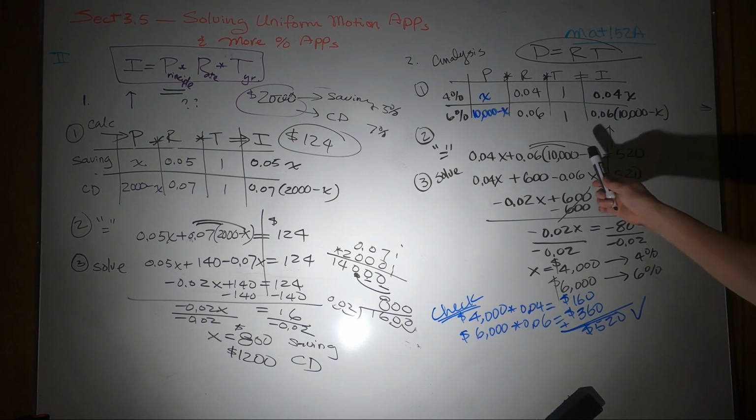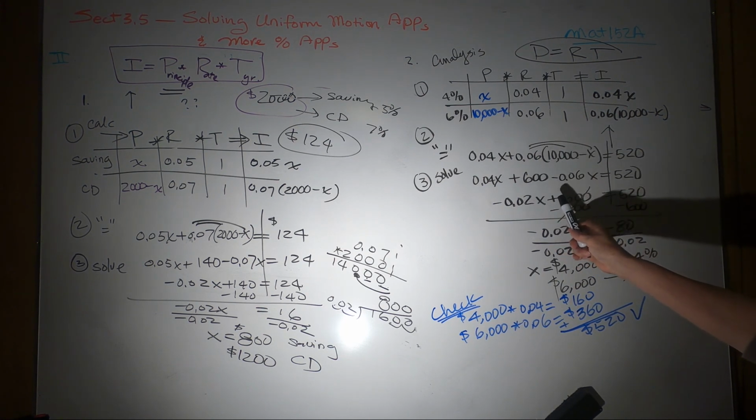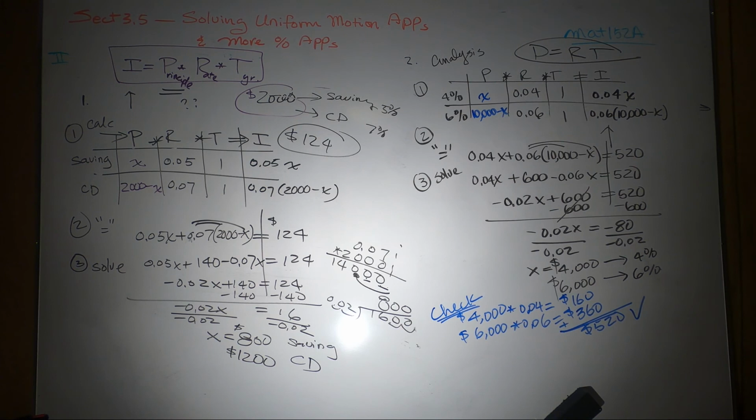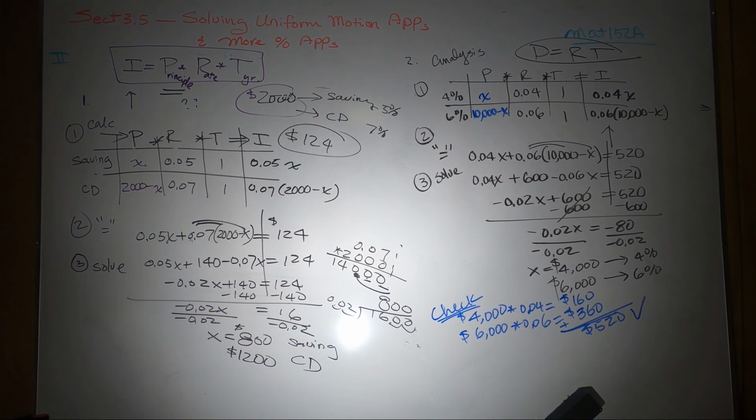So at the same time, we are practicing how to use the linear equations to solve problems. You do need to practice to connect and to sink in. So that would be our section 3.5.